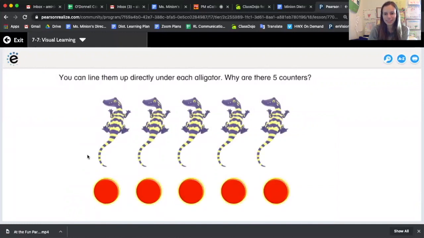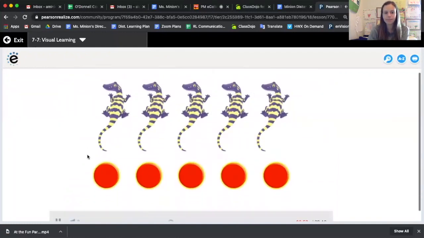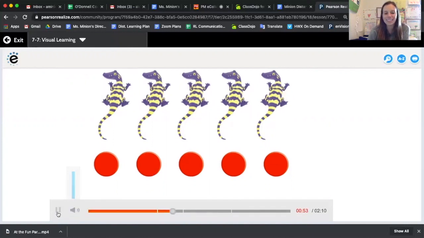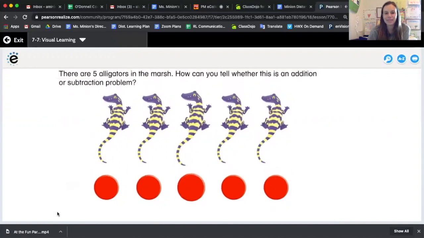Why are there 5 counters? Why did he put up 5 counters? You can say the 5 counters are for the 5 alligators. There are 5 alligators in the marsh.